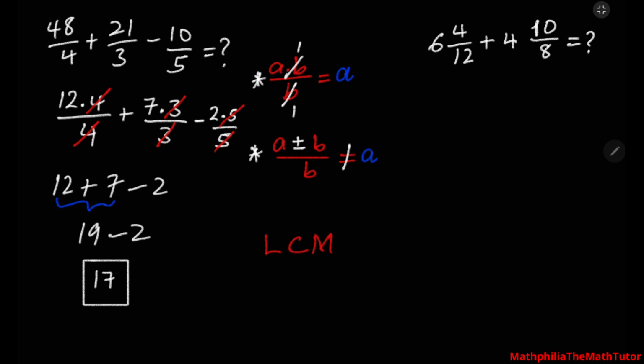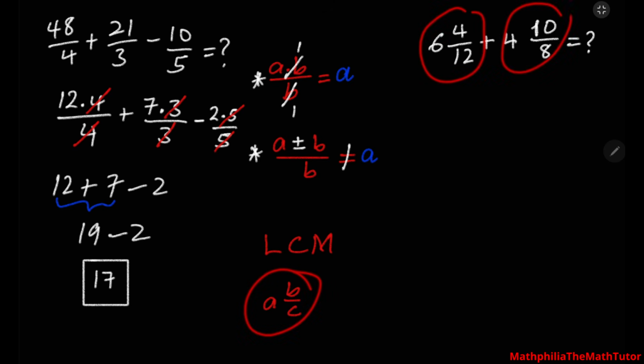Well, how do we solve this type of question? Now, for those of you who don't know, I would like to give some brief notes here. Whenever we have the form A, then B divided by C, like here in our case, this is called a mixed fraction.